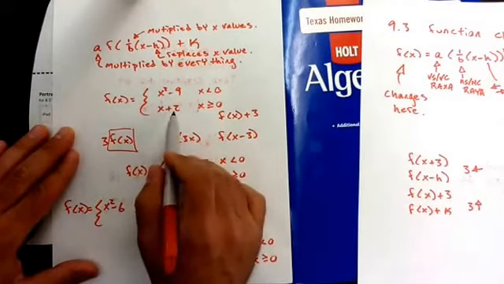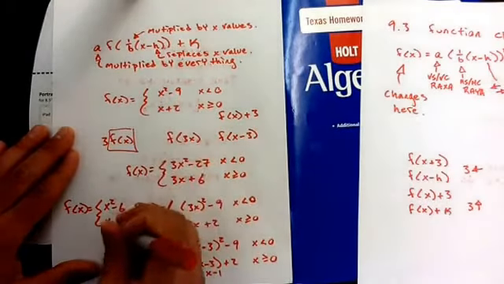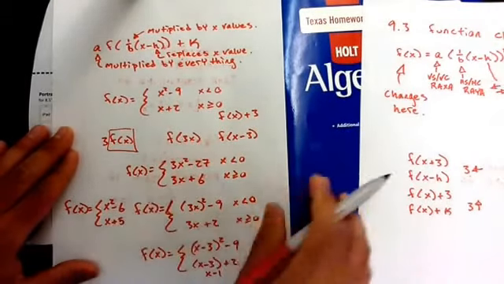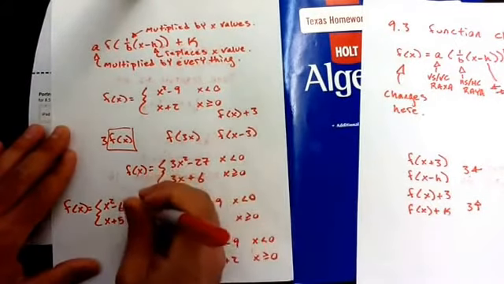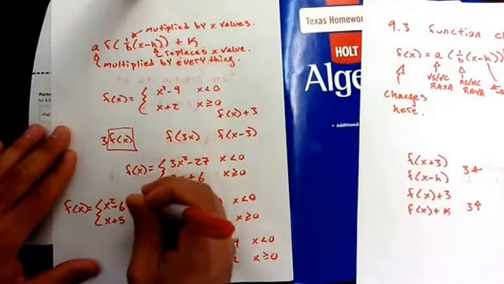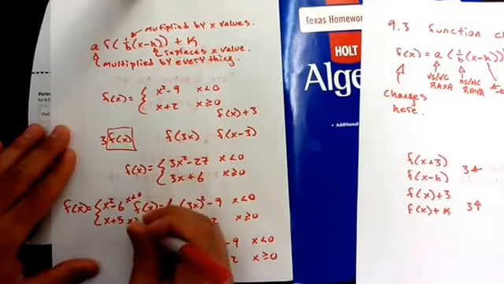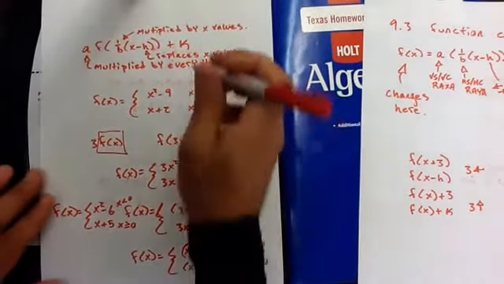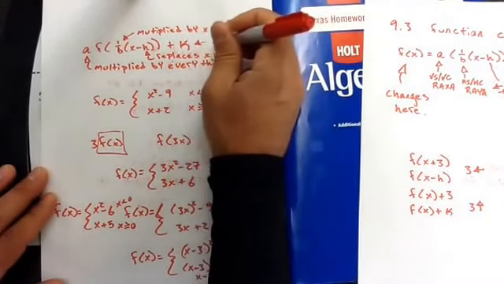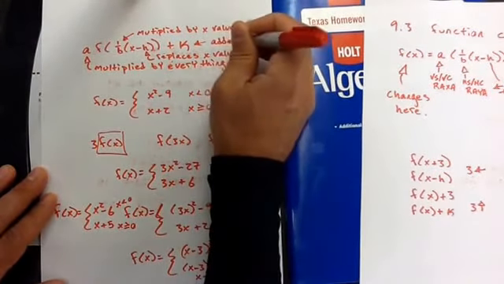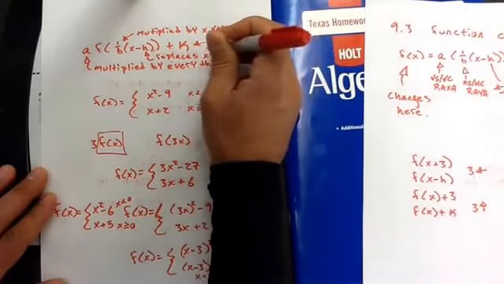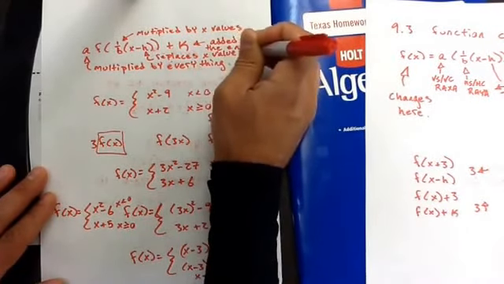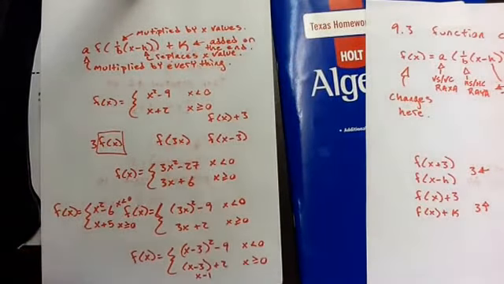X plus 2 plus 3 is x plus 5. And I would still have the same restrictions, but I don't really have room here. So that's what we're looking at, these guys. So this guy gets added on the end. And that's it. That's how you deal with each of these, okay?